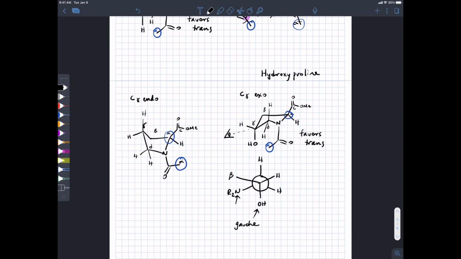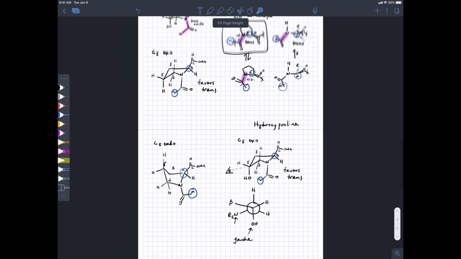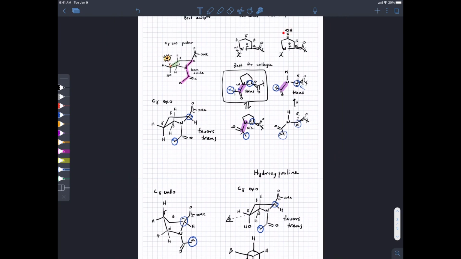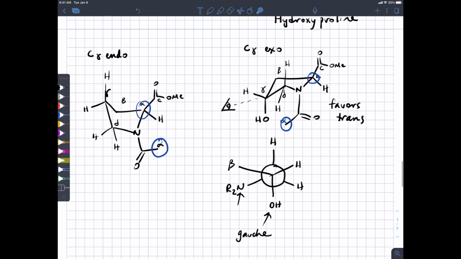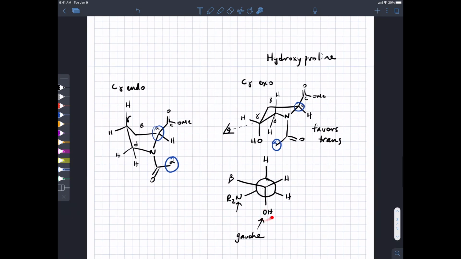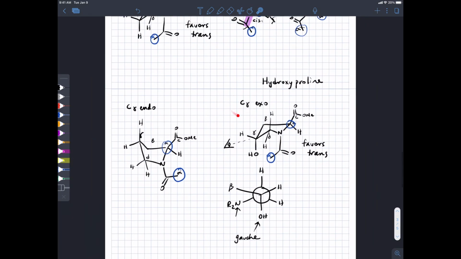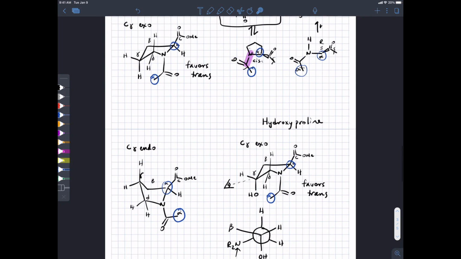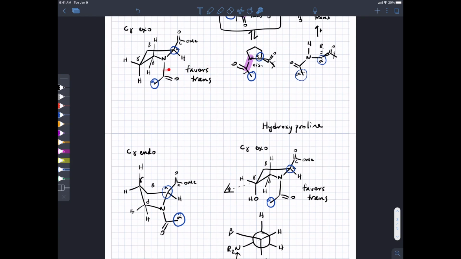So nature somehow discovered long before we did that putting an OH group down at that location favored the C gamma exo conformation, because the two heteroatoms on adjacent carbons would be gauche to each other, and the gauche effect would promote that. So if you have the hydroxyl group here, you favor the C gamma exo, and therefore the trans orientation of that amide bond, and that makes your collagen more stable.